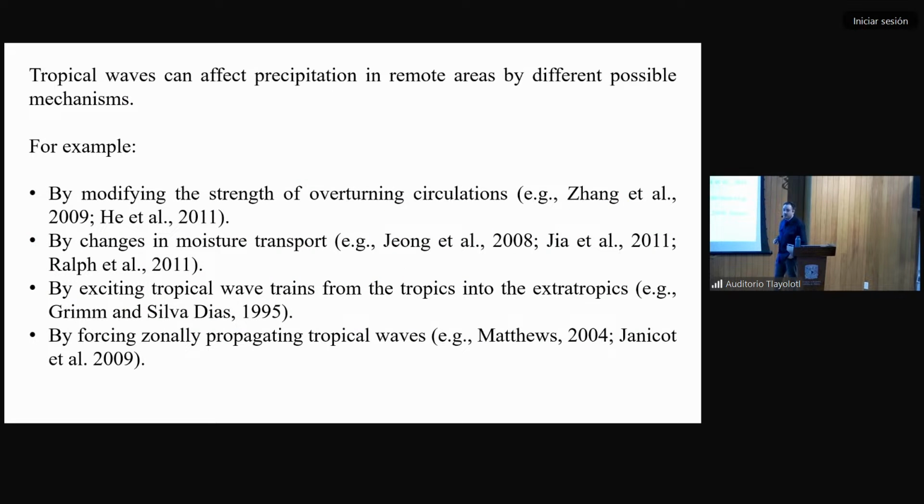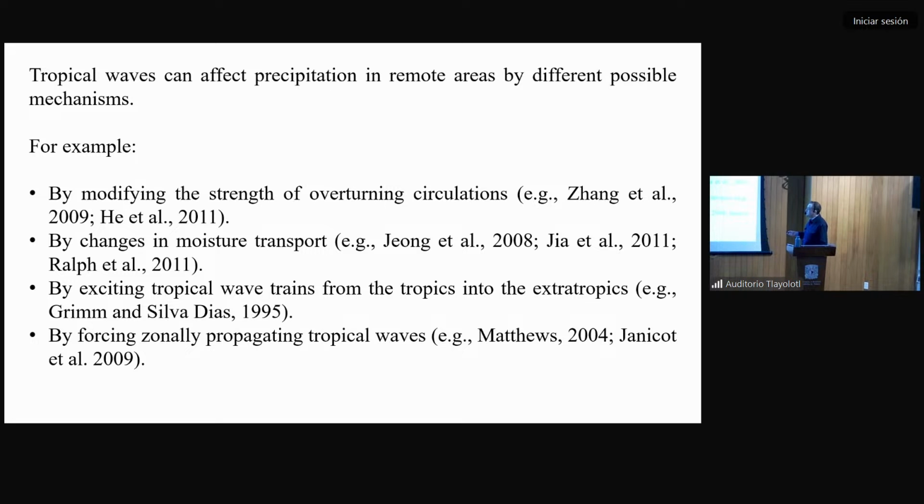So we must know that these waves can produce a direct effect on precipitation, for example, when you have the Madden-Julian oscillation above you in the maritime continent, but there are also some teleconnections of these waves, in particular the Madden-Julian oscillation, which is the dominant one. And there are different mechanisms by which these waves can help produce these relationships between the events and the wave.